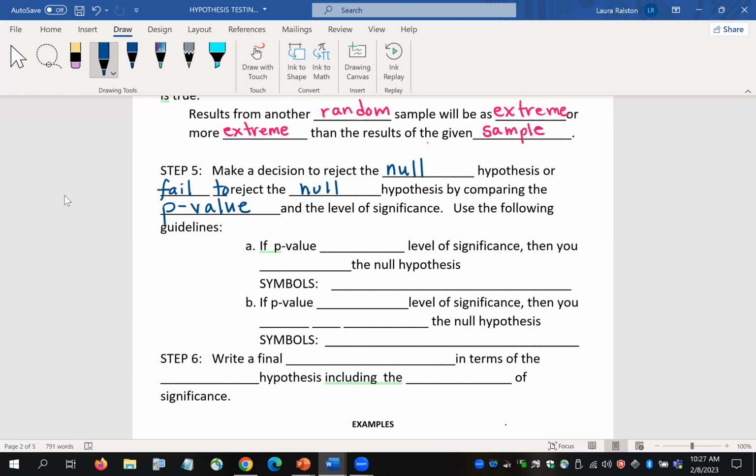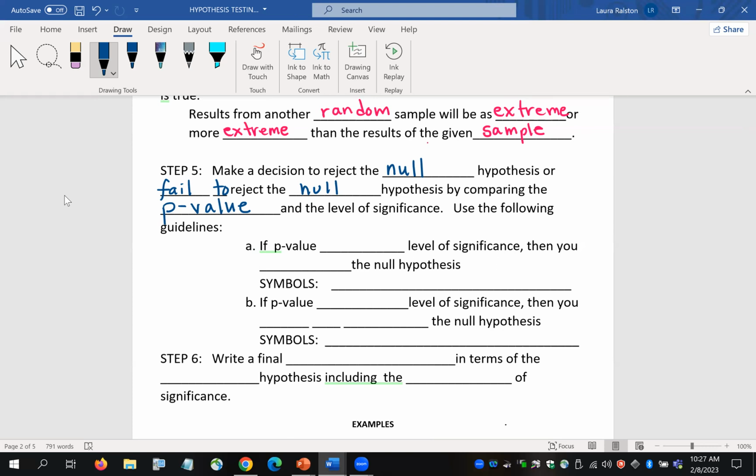Remember at the beginning, we've assumed the null hypothesis is true, just like we've assumed the person is innocent until proven guilty. And when we get to the end in the court case, we either come back and say the evidence proved to us that the person is guilty, or there's not enough evidence and we believe they're not guilty.